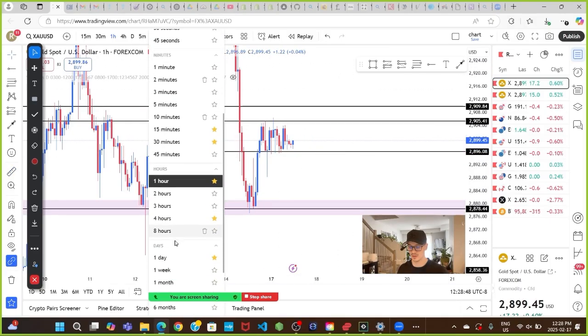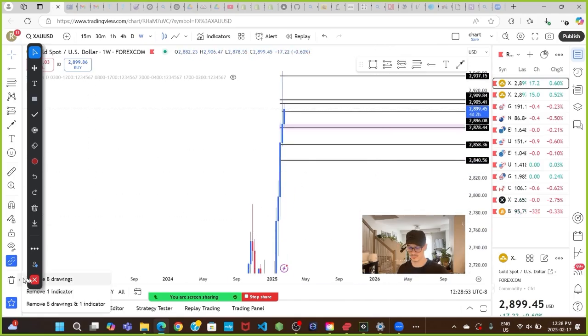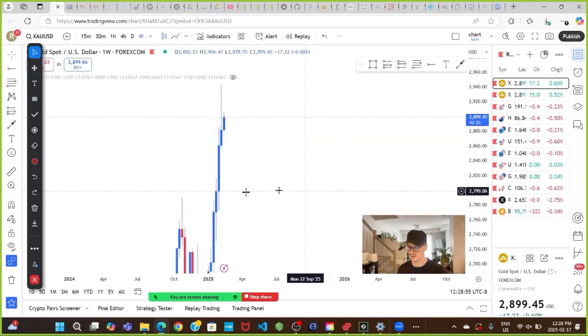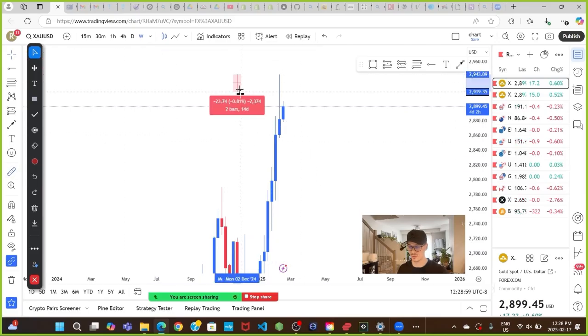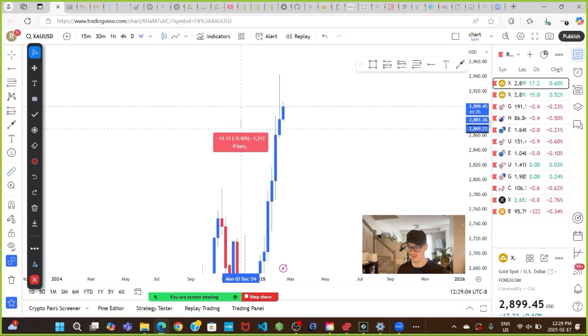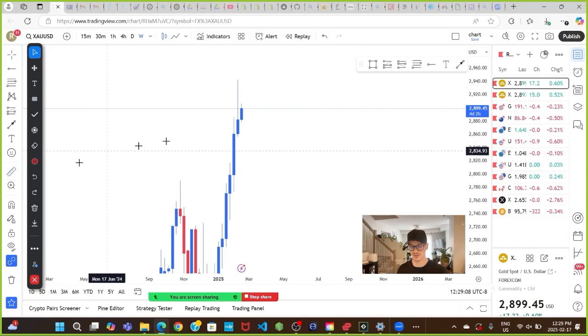Ultimately, last week closed bullish, but bullish looking more like a rejection. And what I mean by that is your wick of 600 pips is 2 to 3 times greater than the body of the candle, the strength of that candle.